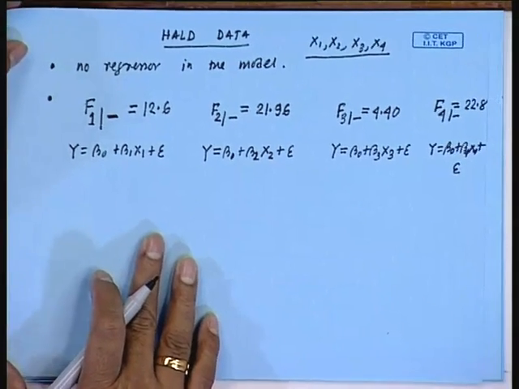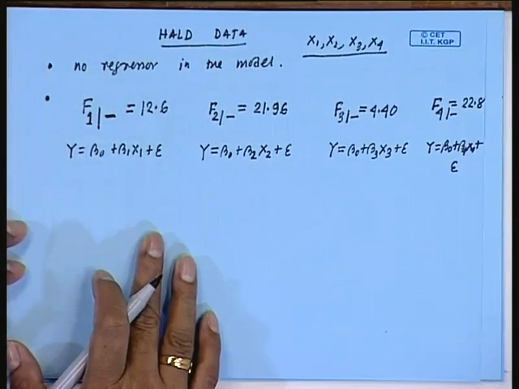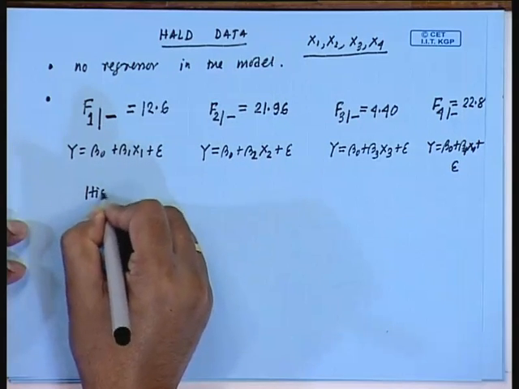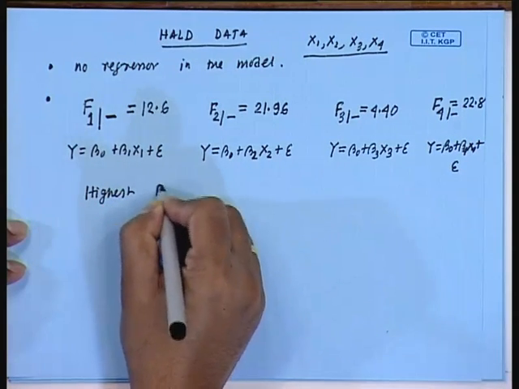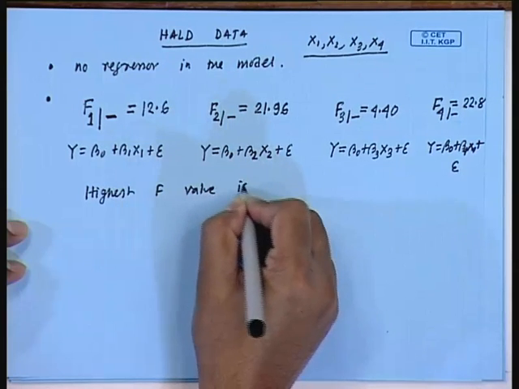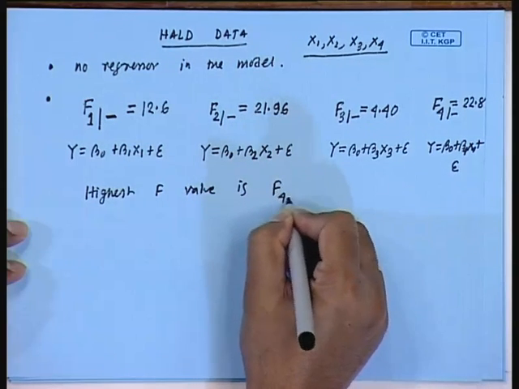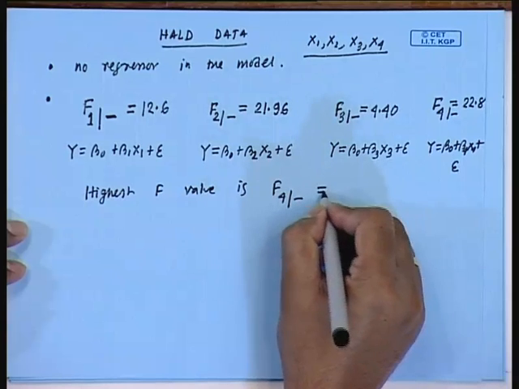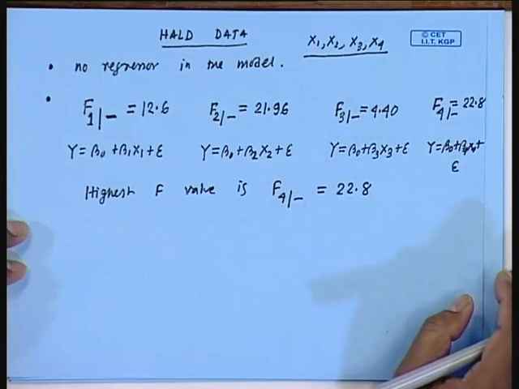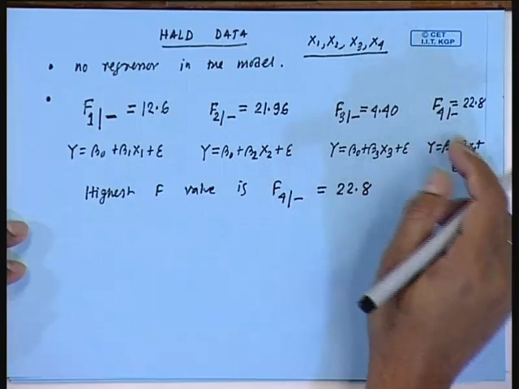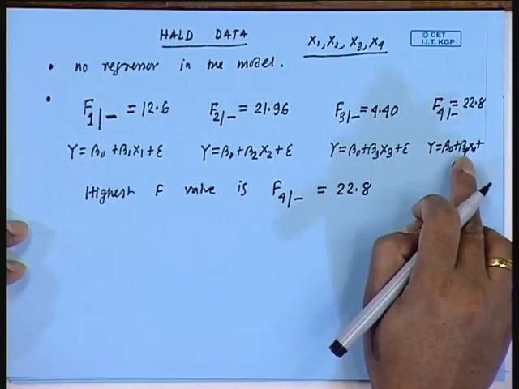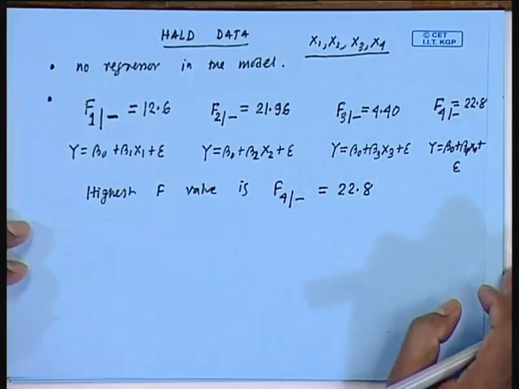Now, of course, the highest F value is F4, which is equal to 22.8. So, X4 is the most significant to explain the variability in Y.